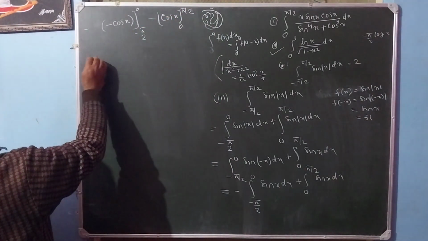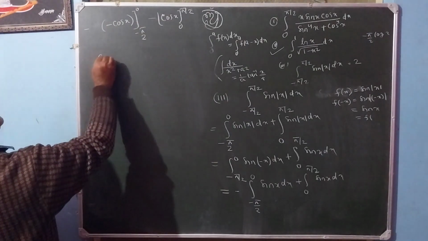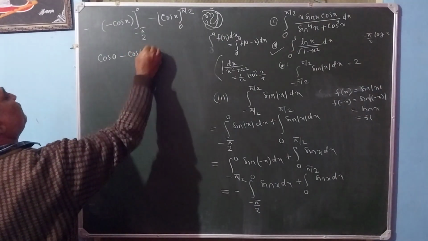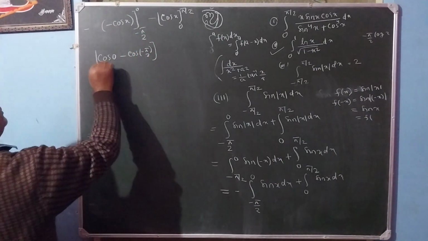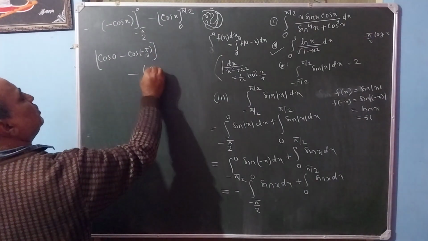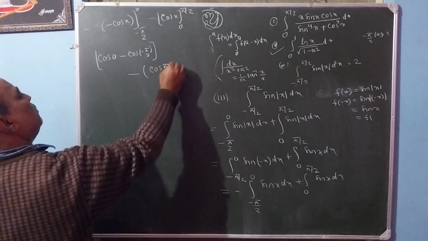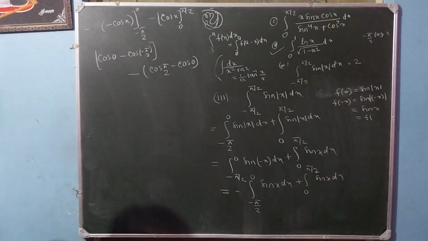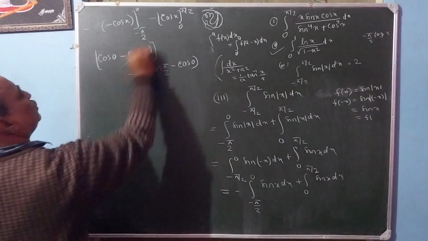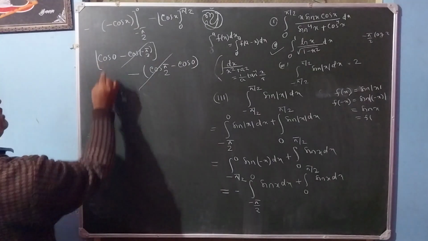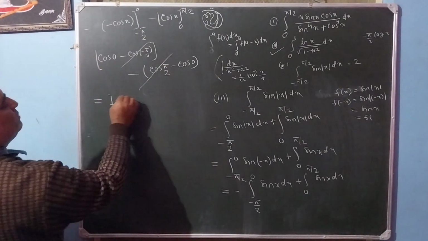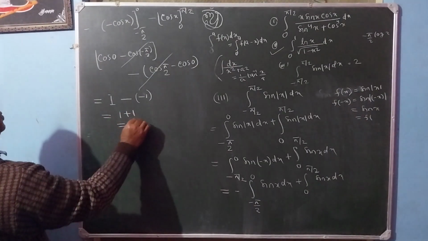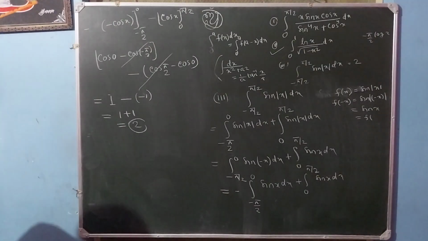Minus minus plus. So upper limit put: cos 0 minus cos of minus pi by 2. Here minus cos pi by 2 minus cos 0. Cos pi by 2 is equal to 0. Cos minus pi by 2 is also 0. Cos 0 is 1. Here it is minus of minus 1. So 1 plus 1, that is 2. Okay, so the answer of this question is 2.